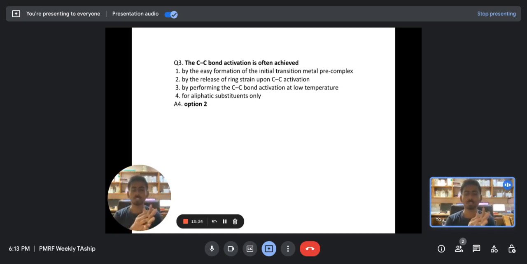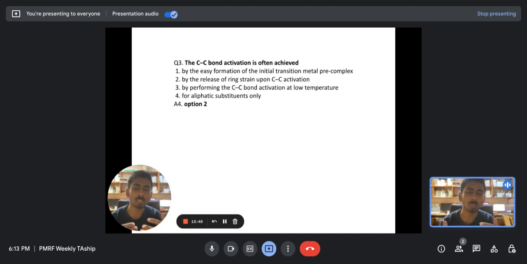For aliphatic substituents, which contain only C-C and C-H bonds in a long or small chain, their activation is not even that facile. In option 3, if we conduct the C-C bond activation at low temperature, I have already discussed that C-C bond activation is not that favorable.